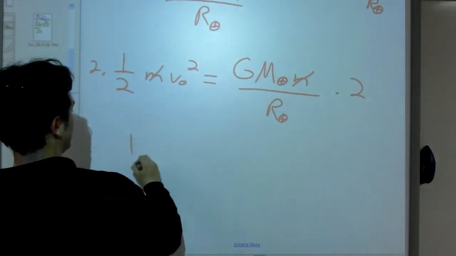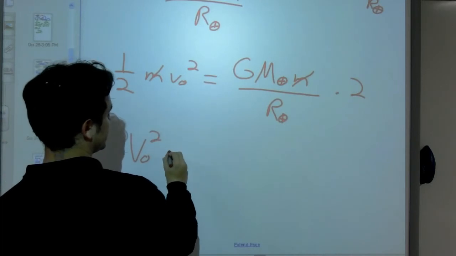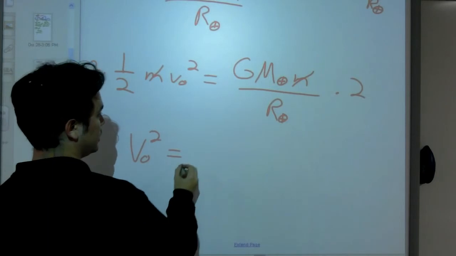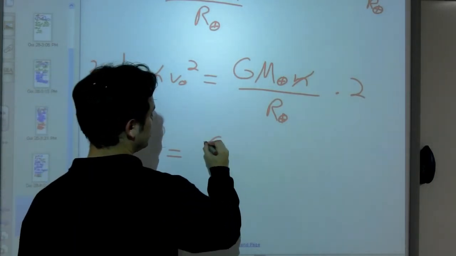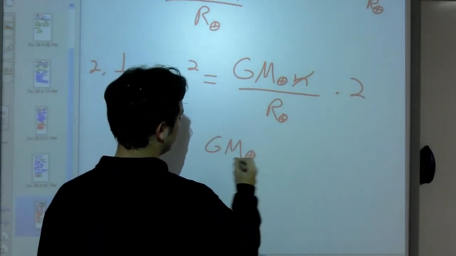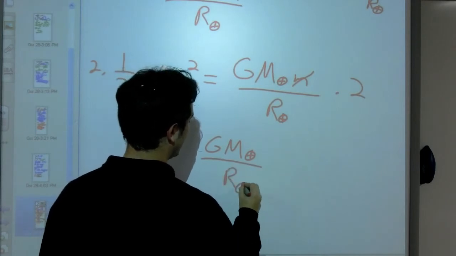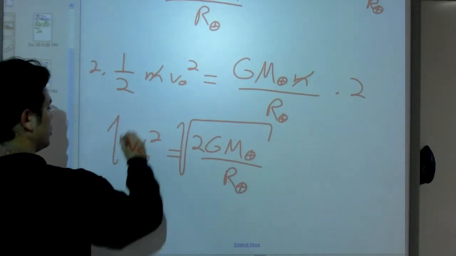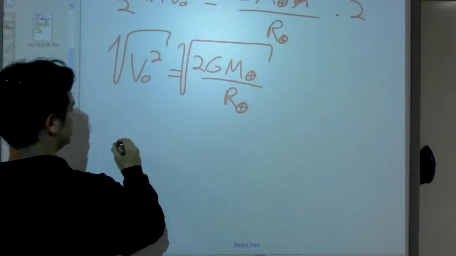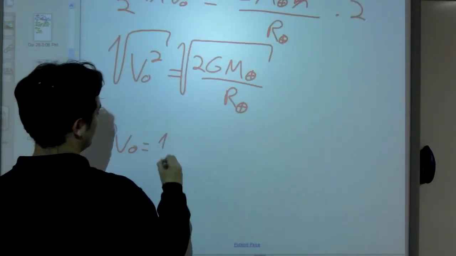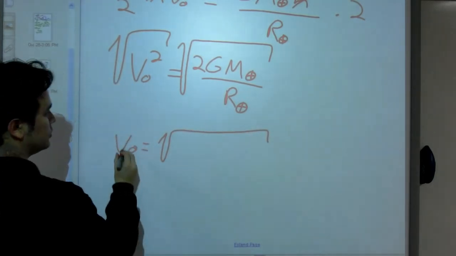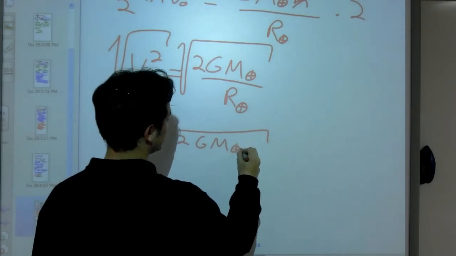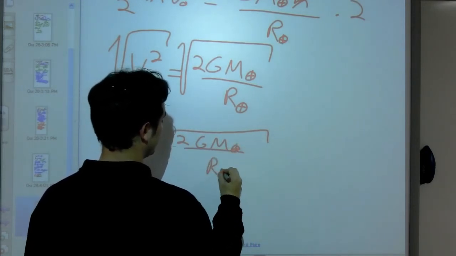I find that my initial velocity squared, my escape velocity, because that's how fast I need it to go off to infinity, equals 2G times mass of the Earth divided by radius of the Earth. I'm going to take the square root of both sides. My escape velocity, which is my initial velocity here, equals the square root of 2G mass of the Earth divided by radius of the Earth.